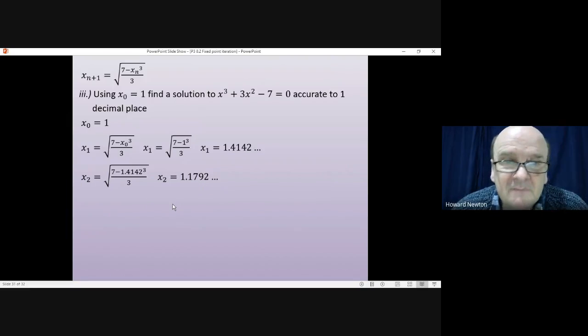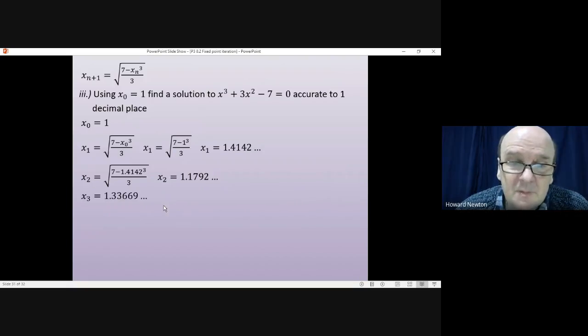And then putting that value into the iterative formula, we would get this, which gives us x2 is equal to 1.1792. Putting that value into the iterative formula will give us x3, which is 1.33669.